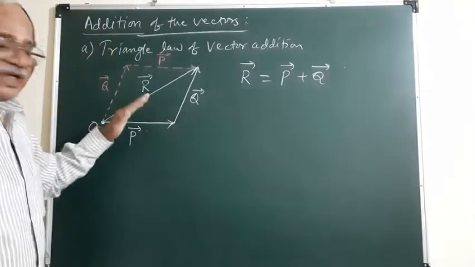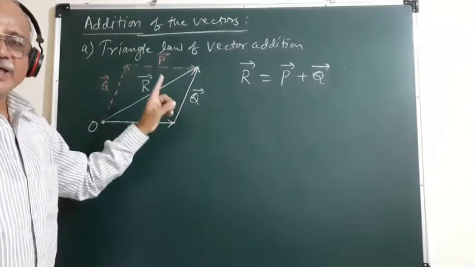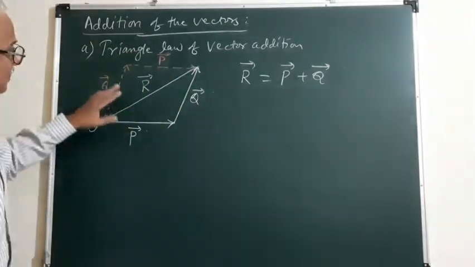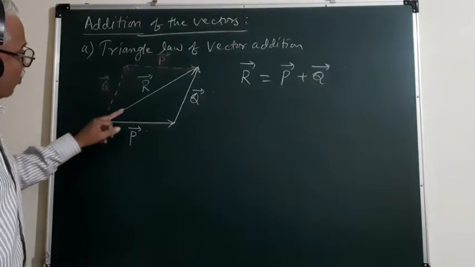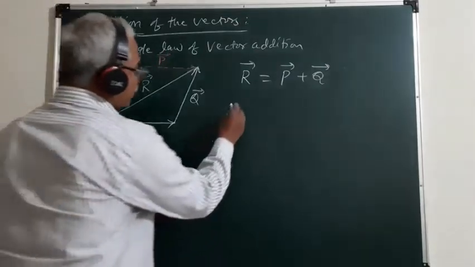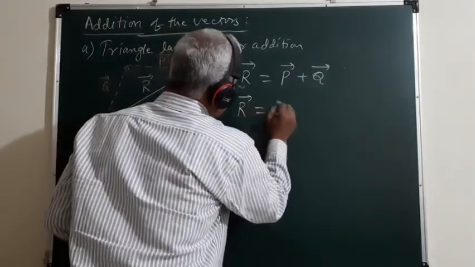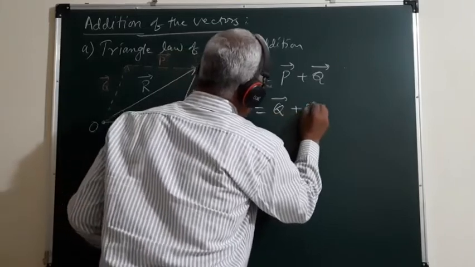Once they are arranged in order, by completing this triangle, by drawing this vector r bar, we can write r bar is equal to q bar plus p bar.